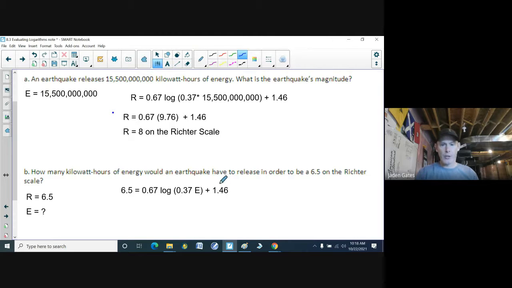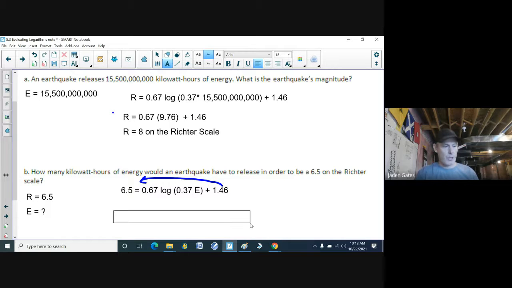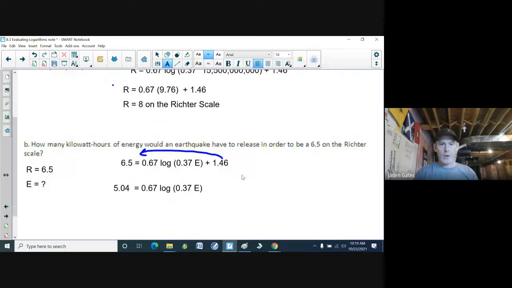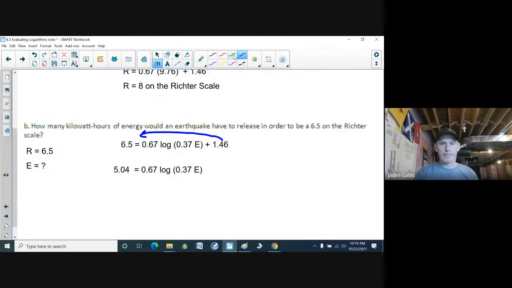The first thing I'm going to do is move this 1.46 over. So I'm going to take 6.5 minus 1.46, and I end up with 5.04. That will be equal to 0.67 times the log of 0.37 times E. Again, simplifying things, I can get rid of this 0.67 because it's attached to the log function, so I can divide it off.